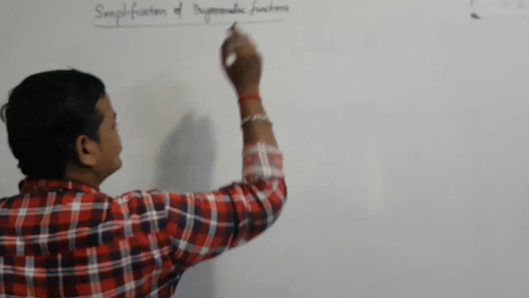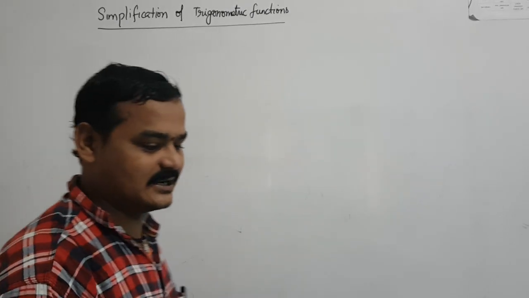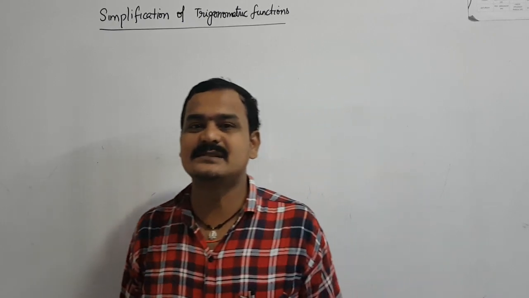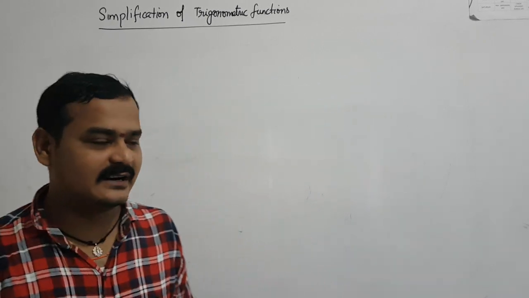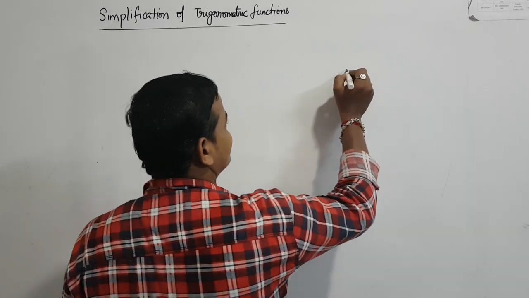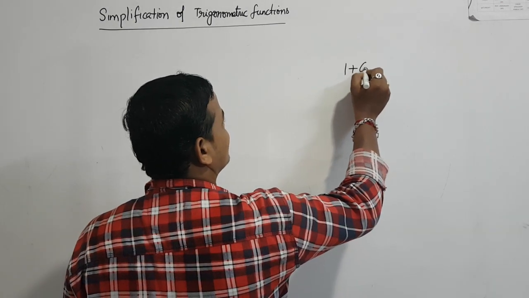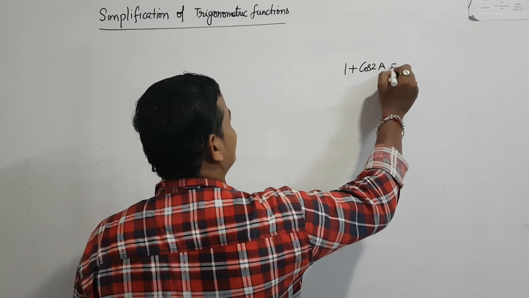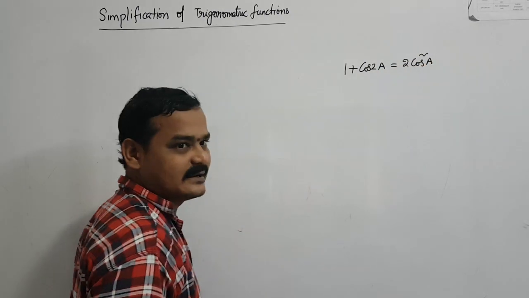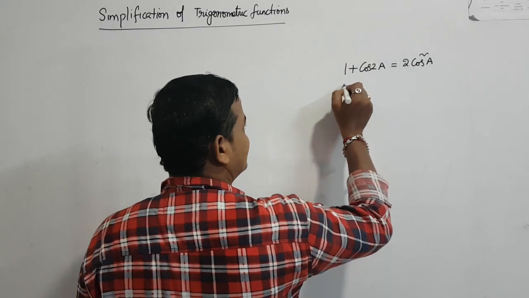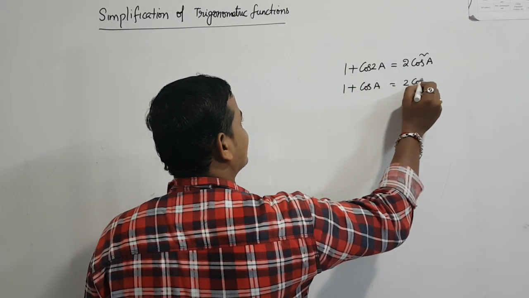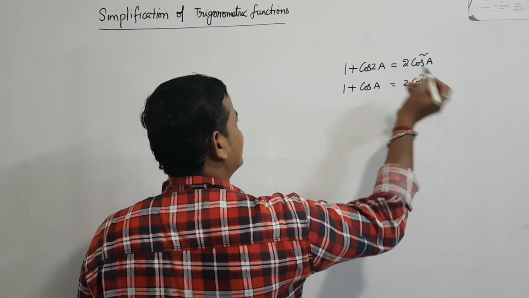Before going to the class, we need to recall all the trigonometric formulas which are most important for all problems. The first one, very important: 1 plus cos 2A is equal to 2 cos square A. Again, 1 plus cos A is equal to 2 cos square A by 2.